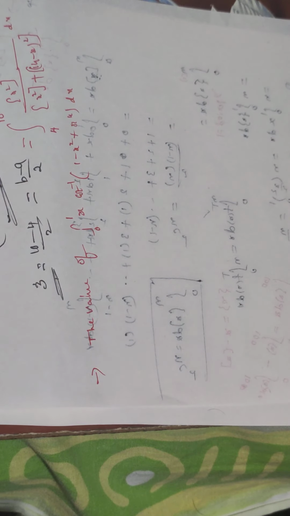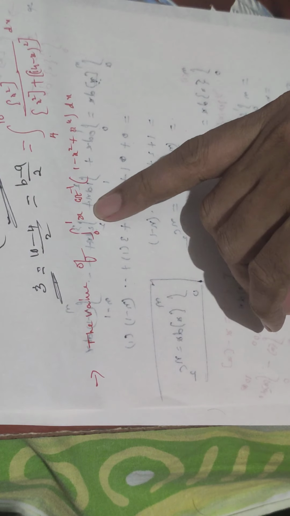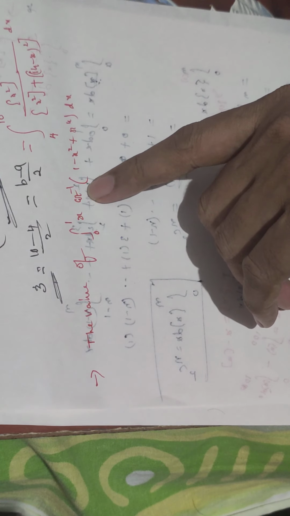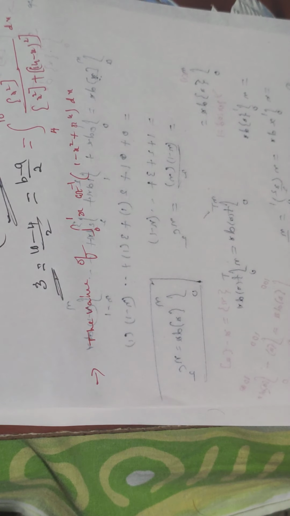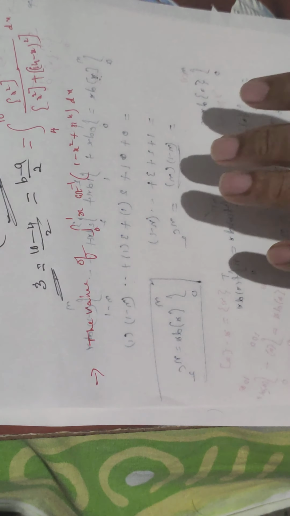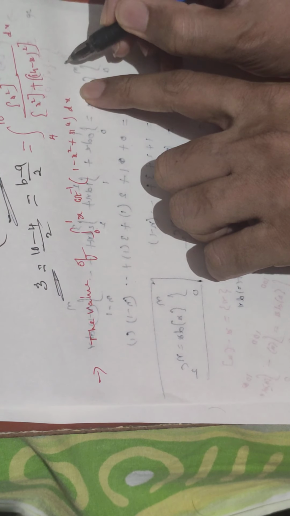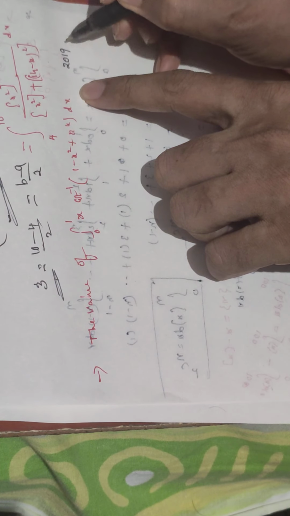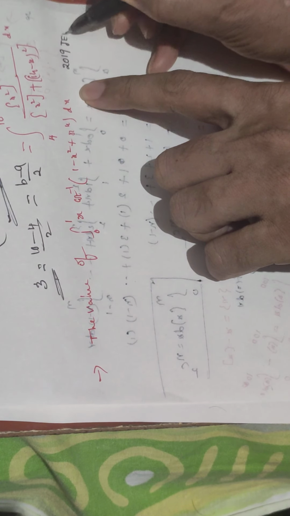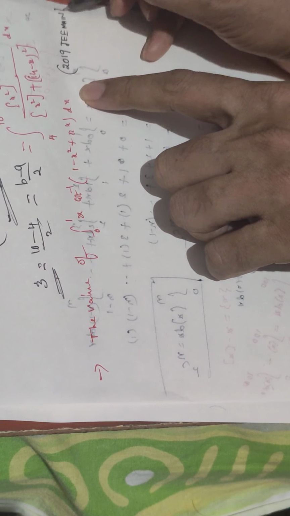Next, one more problem. The value of integral 0 to 1 x into cot inverse of 1 minus x square plus x power 4 dx. Actually, this problem was given in JEE Mains 2019, a previous mains question.